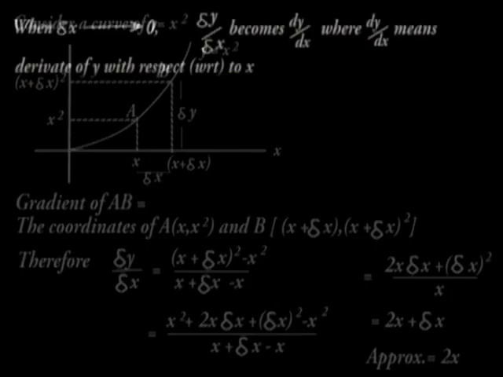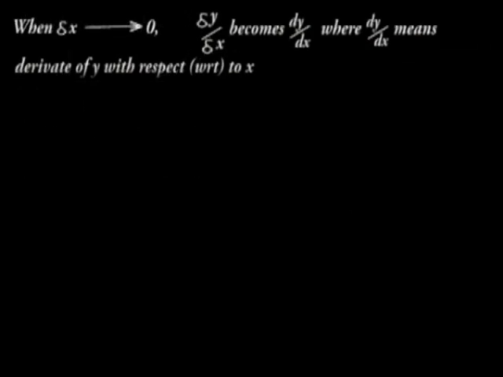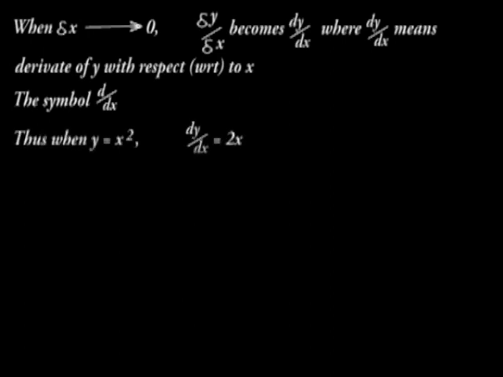When delta x approaches 0, delta y over delta x becomes dy over dx, where dy over dx means derivative of y with respect to x. The symbol d over dx means derivative with respect to x of. Thus, when y is x squared, dy over dx is equal to 2x.